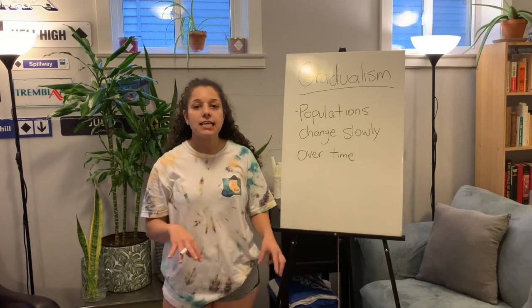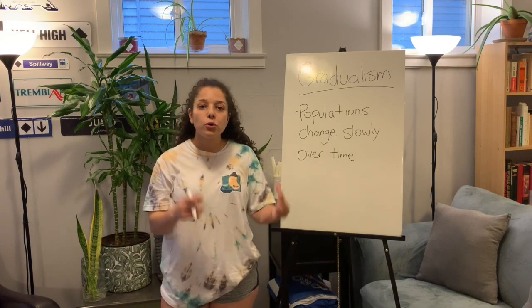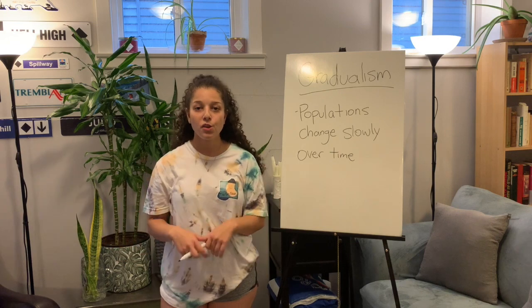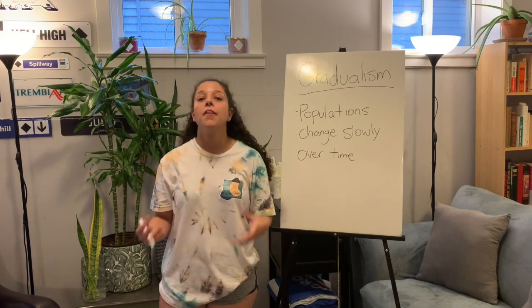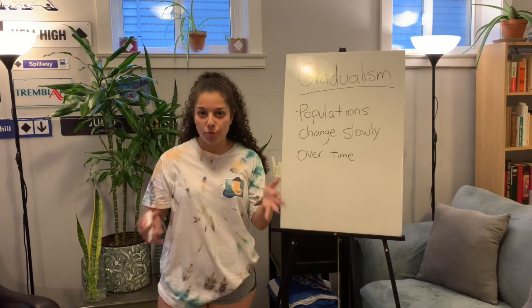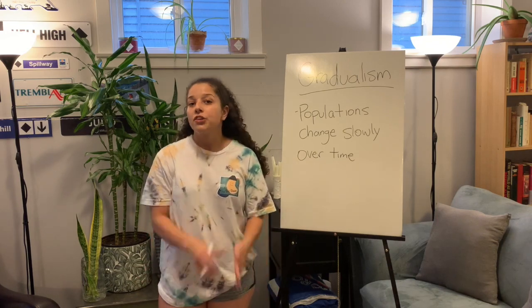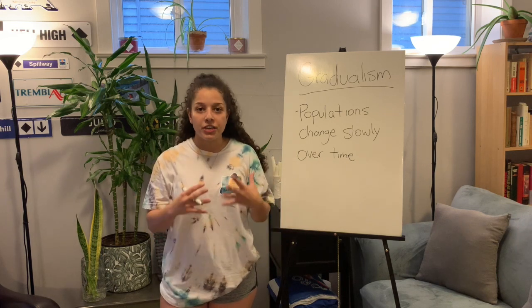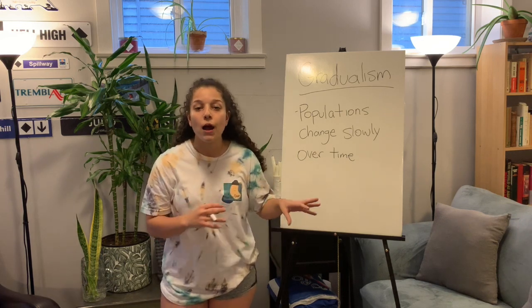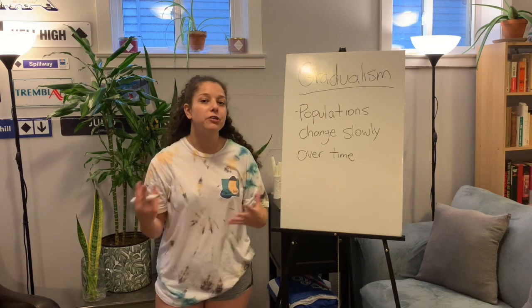So what that means is that populations will slowly change over time. This opposes Lamarck's theory, where in a single individual's lifetime, they are able to change a trait drastically. Darwin's theory is that populations change very slowly over time. So there's a very gradual change from one species to another.